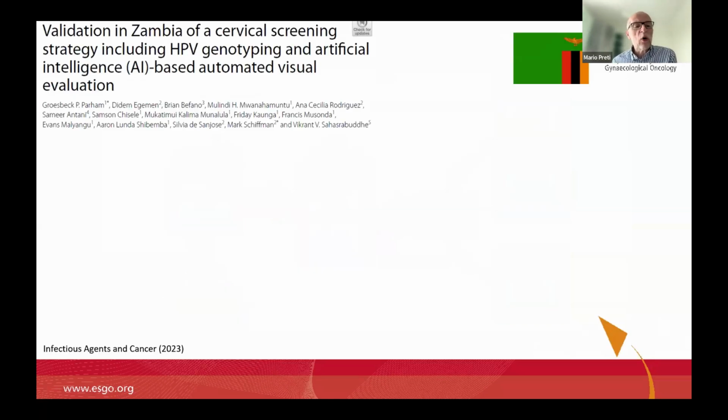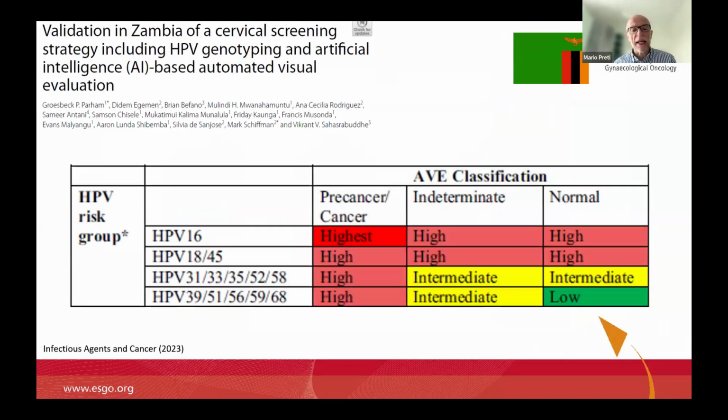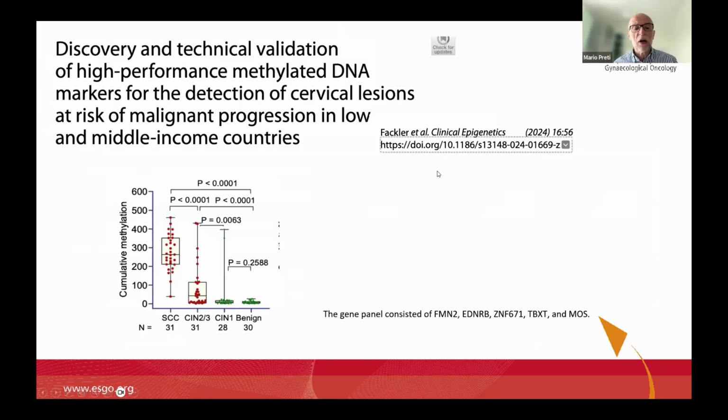We just take a quick look at this paper that Professor Egeman already presented, not only the paper from 2 years ago, but with the most updated results, showing how important HPV is in classifying the risk of the patient.